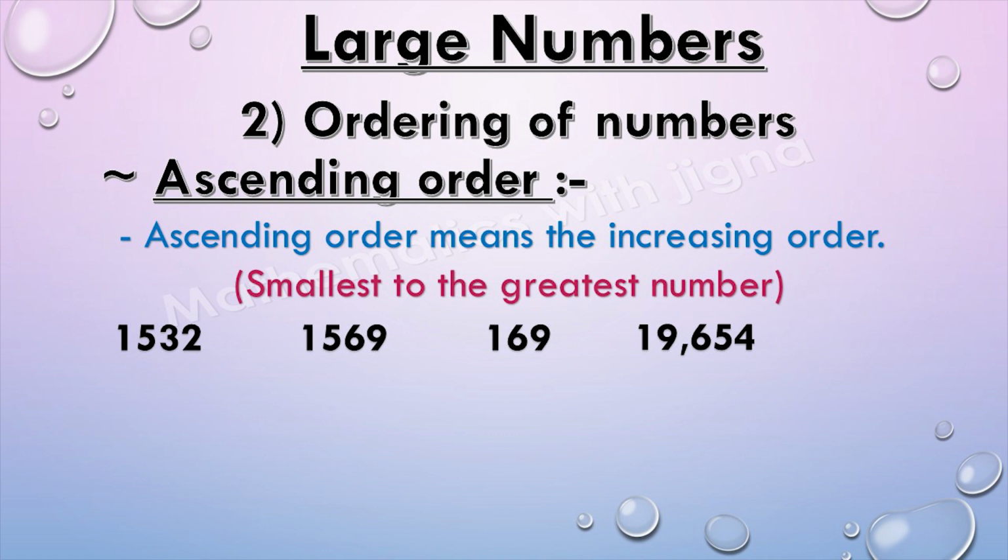The number which has fewer digits is the smallest number, and if the number of digits is equal, then we have to look at the numbers from left to right and compare the digits with their values. Here the first number has 4 digits, the second number also has 4 digits, the third number has 3 digits and the fourth number has 5 digits.